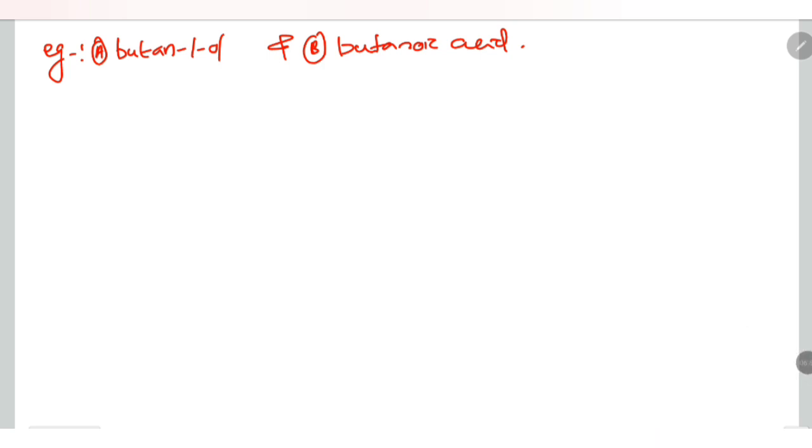Butan-1-ol and butanoic acid. So when you look at butan-1-ol, this is an alcohol, right? Then this one is carboxylic acid. We know carboxylic acid and alcohol, both of them have what type of force? Hydrogen bonding, right? So if they are hydrogen bonding, how do you explain?